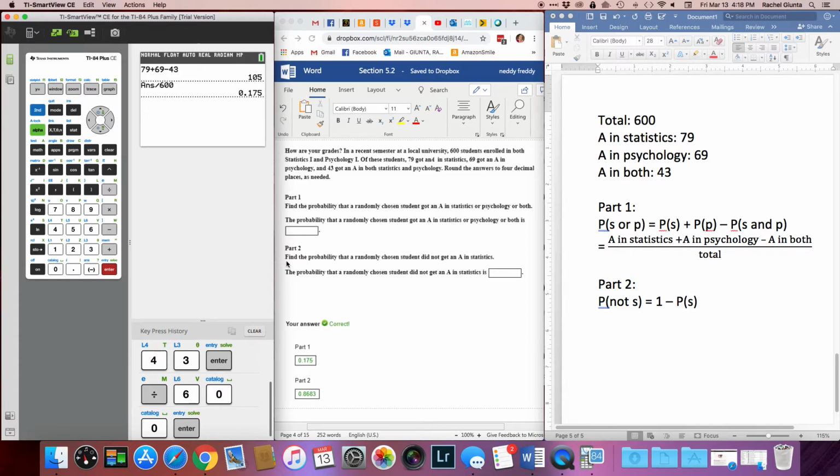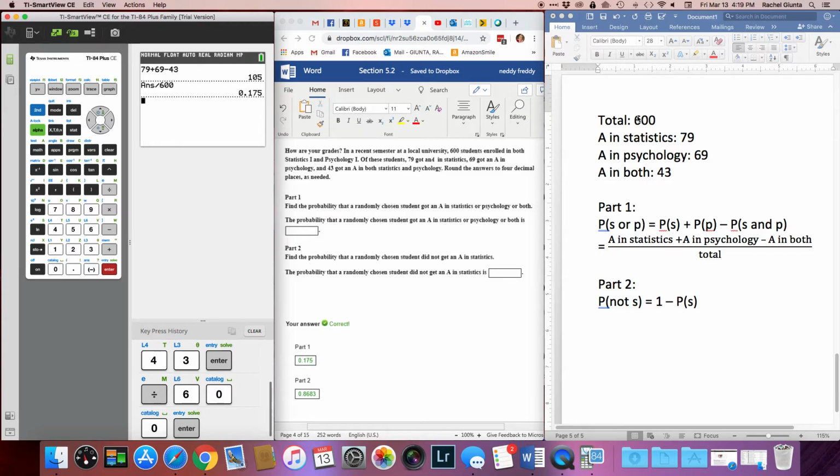Part 2 says to find the probability that a randomly chosen student did not get an A in statistics. And again, we've got that "did not." So we know how to find the probability that they did get an A in statistics: 79 divided by the total, 600.